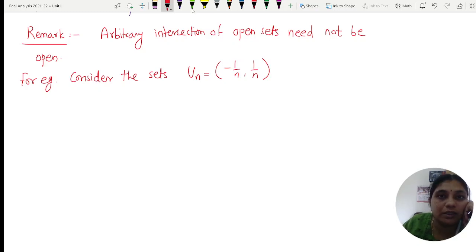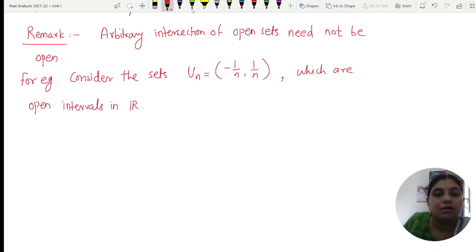These are open intervals in R. They are open sets. That is, each Un is an open set.